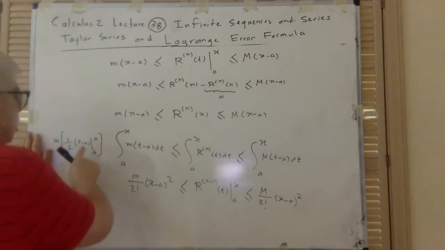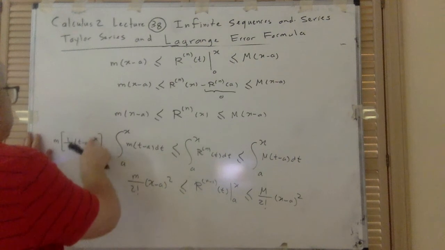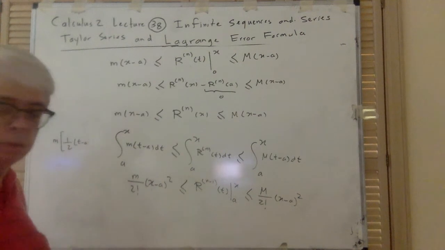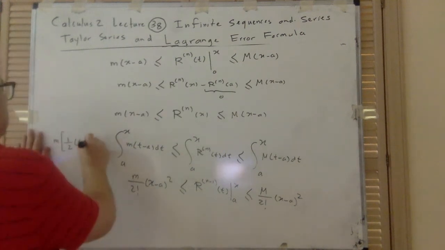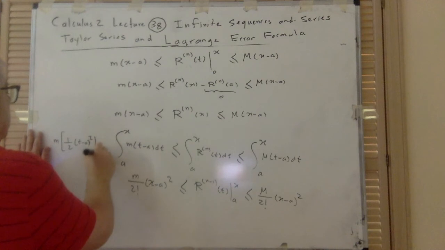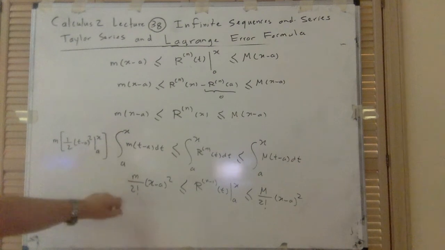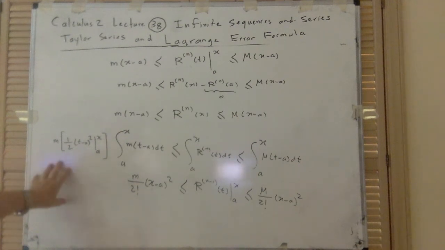So there is a square here. Now this 2, I wrote it as 2 factorial, it is in fact 2 factorial. 2 factorial is 2.